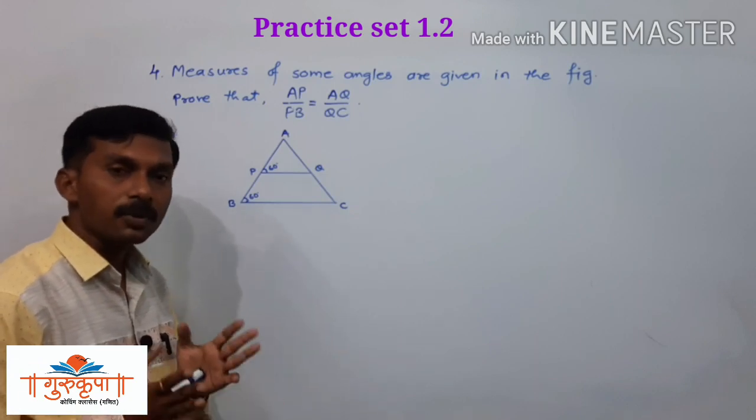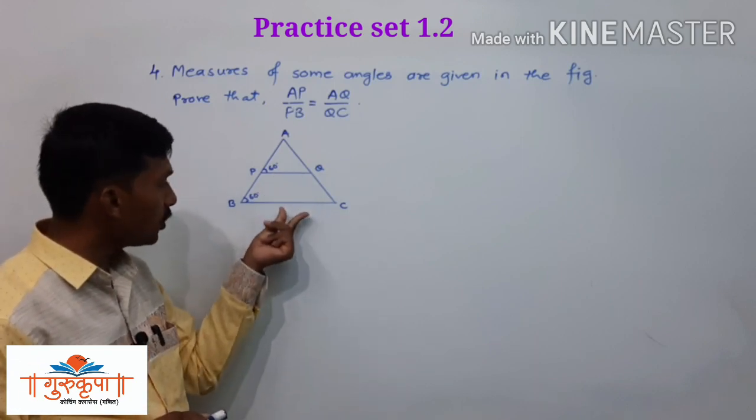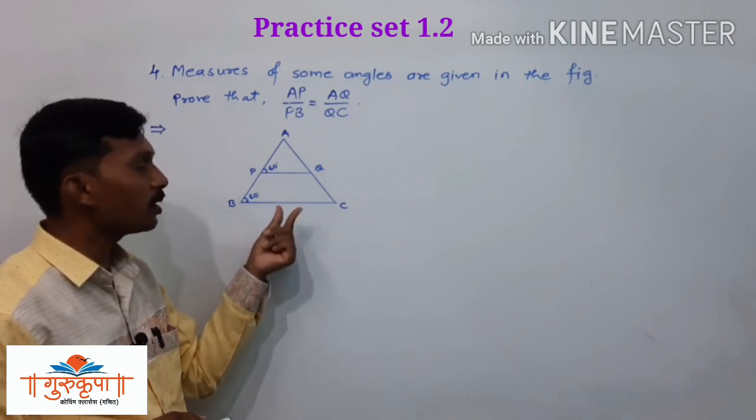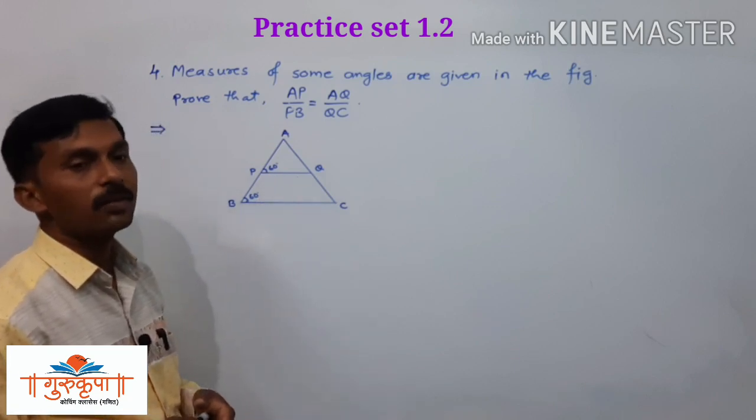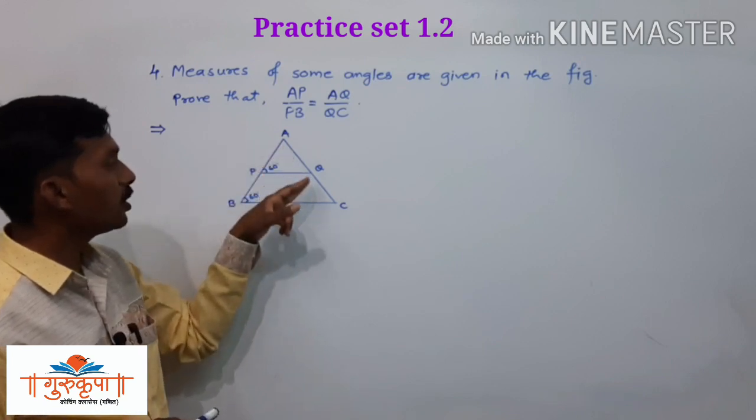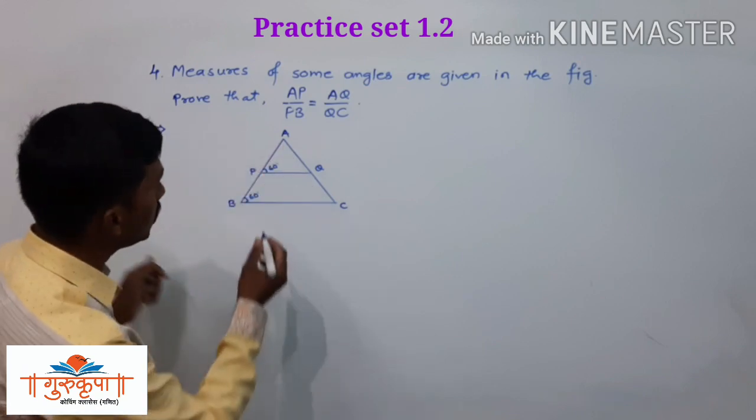It can be proved if and only if PQ is parallel to BC. If PQ is parallel to BC, then we are able to say that AP upon PB is equal to AQ upon QC.